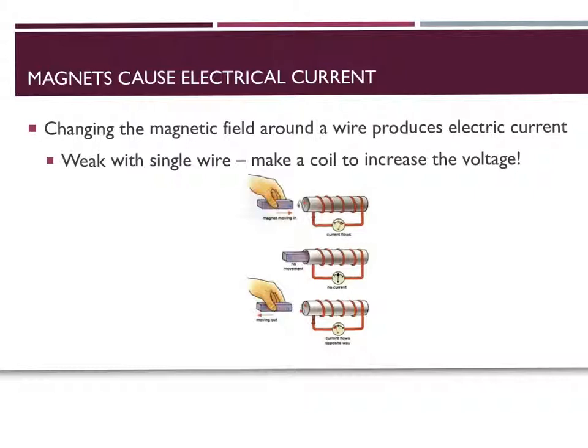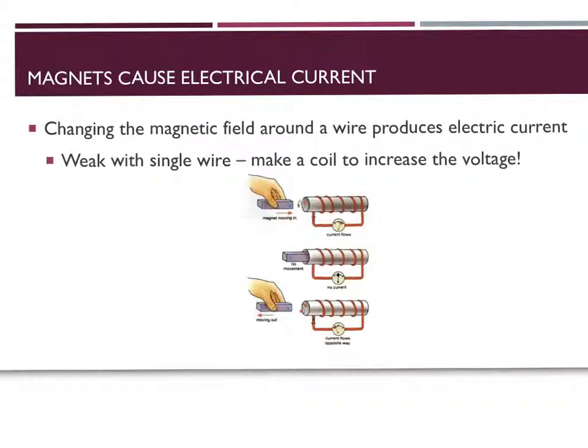You can see in the illustration that moving the magnet into the coil of wire will cause voltage. Moving the magnet out of the wire will also cause voltage. But if the magnet's not moving, it won't cause any current or voltage difference. So the magnet has to be constantly moving in order to keep a continuous electrical current flowing.